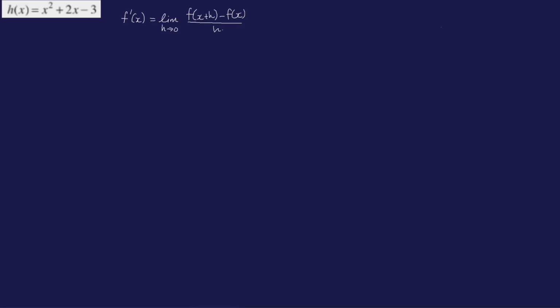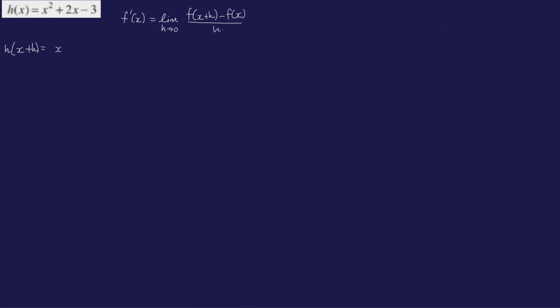So in this case, we've got h of x. What we need is h of x plus h. So I'm going to say h of x plus h is going to equal, in place of x, everywhere I see x, I'm going to put x plus h.